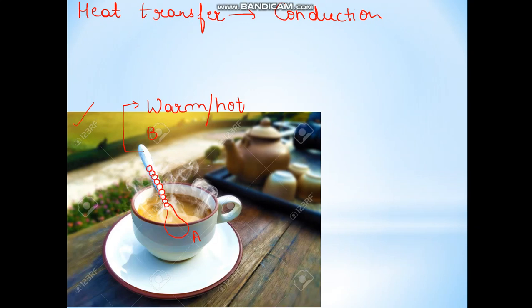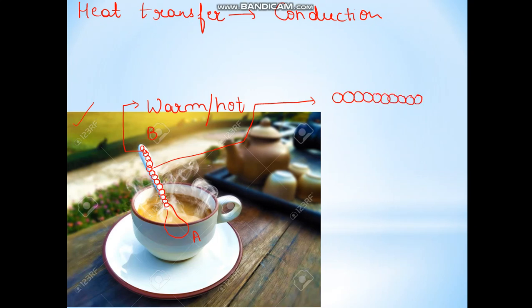Millions of particles are present in this spoon. So let us draw an enlarged view of the particles. These are the particles of the teaspoon, which is solid in state.